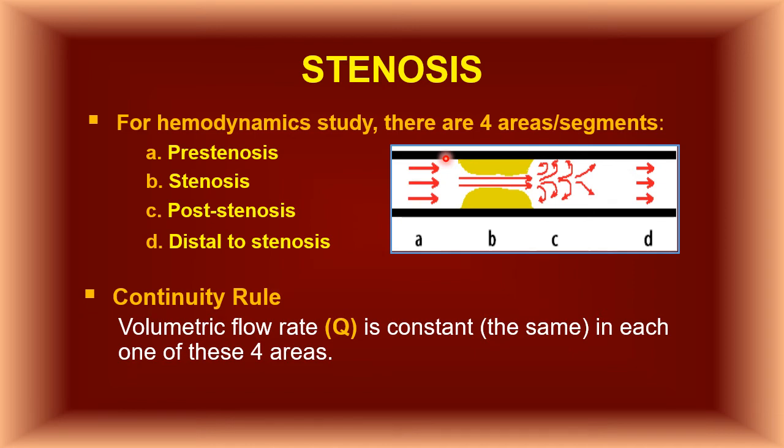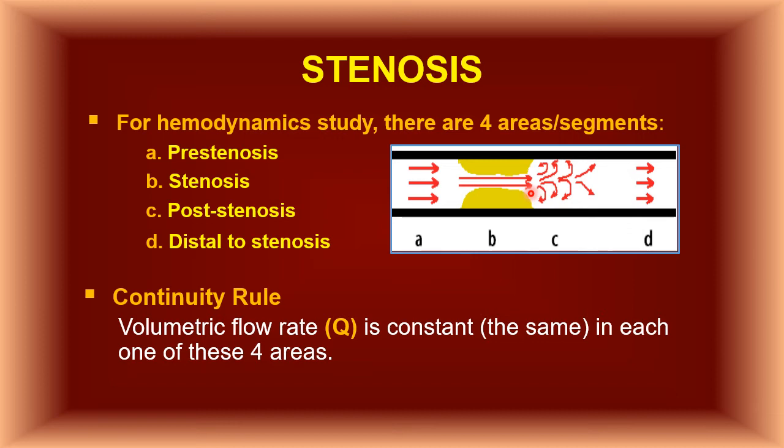We will discuss what happens in this prestenotic area. And then the second area, which is the area of the stenosis itself. Also, we will discuss the post-stenotic area, this one. And then we have a distal area, a little far from the stenosis, could be like 10-15 centimeters away from the stenotic area.